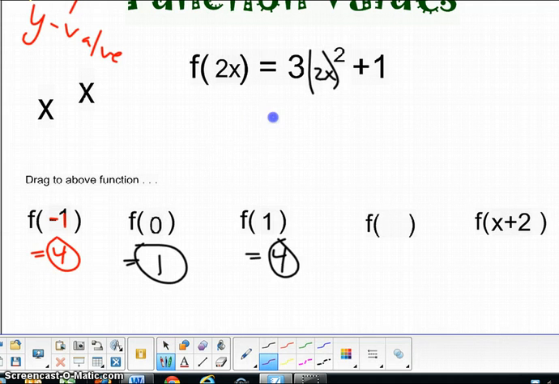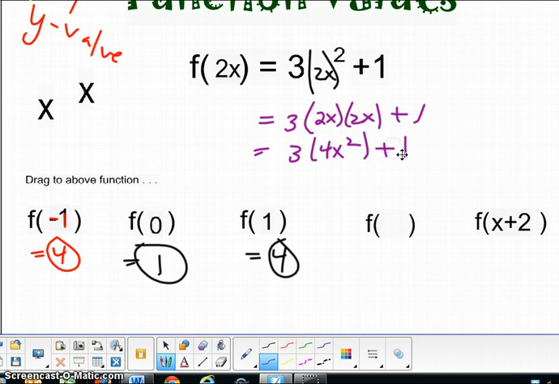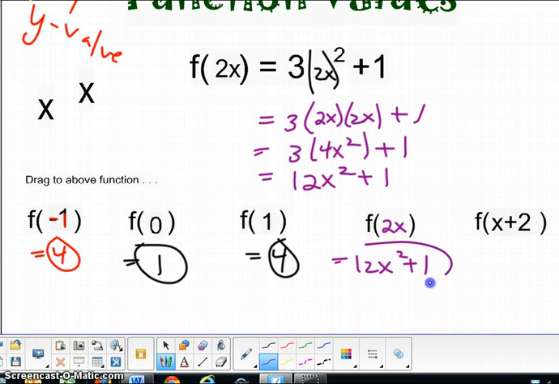Okay, so now focusing on the right side. 3 times, this is 2 of them, so there is 2x and 2x plus 1. 3 times 4x squared plus 1, for a final function value of 12x squared plus 1. So f of 2x, if you start with a variable, you're going to end with a variable on both of these, and that would be your function value. Okay, go ahead and push pause and try x plus 2.